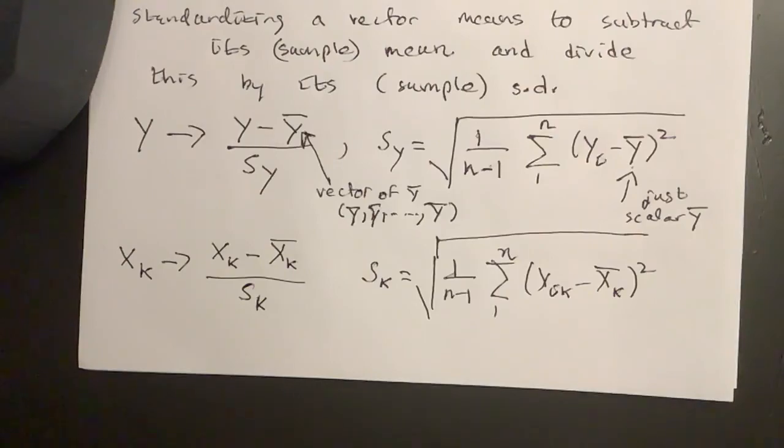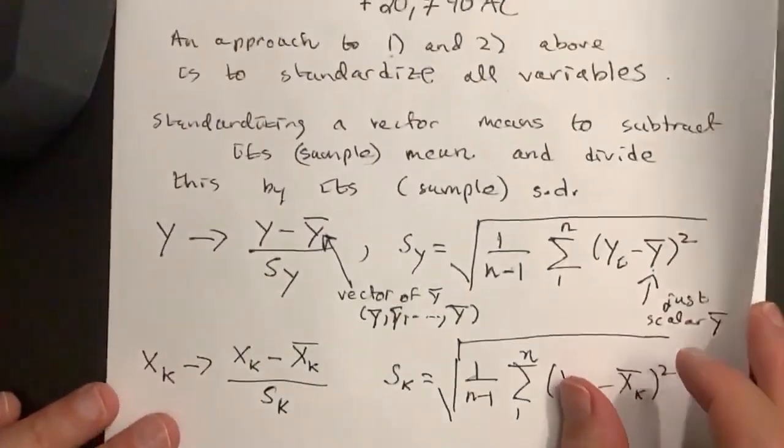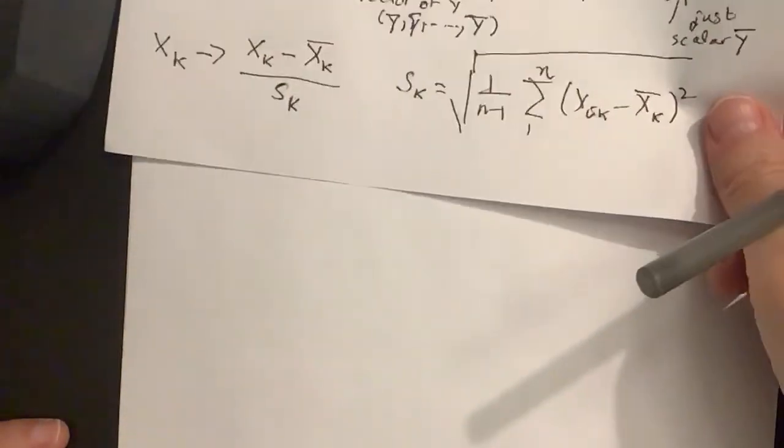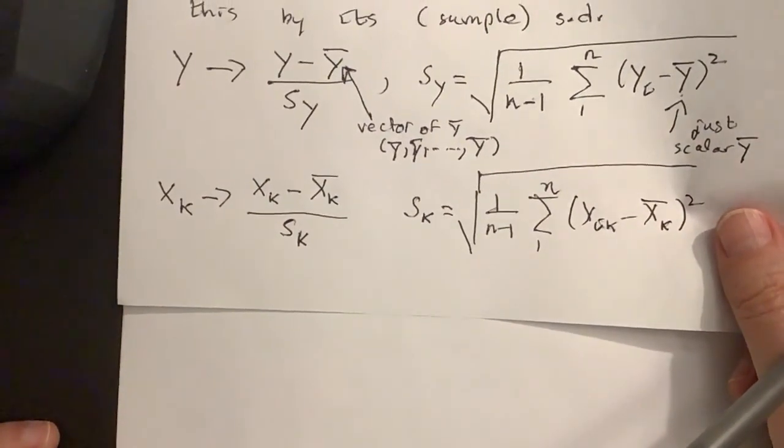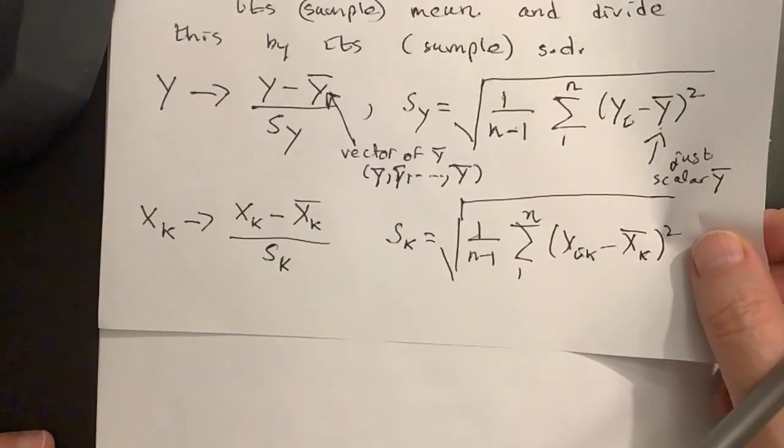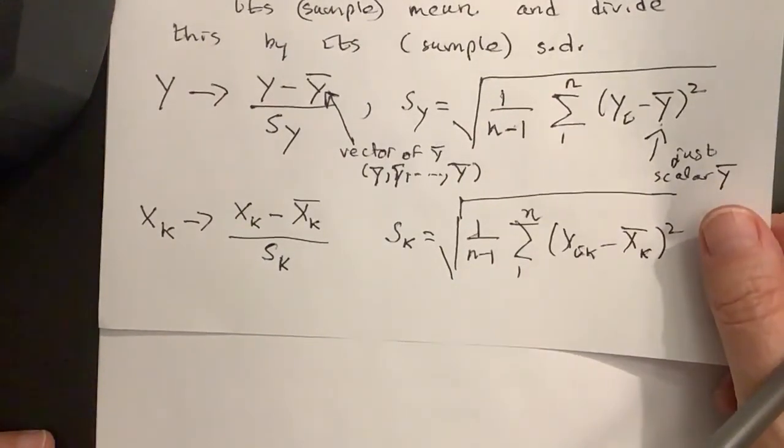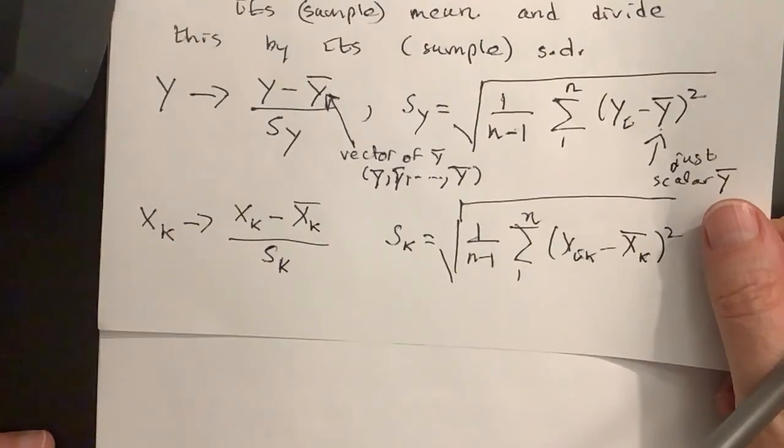So these are called standardized vectors, common in statistics. With these standardizations, a 1 unit increase in the standardized variable is analogous to a 1 standard deviation increase in the original variable.